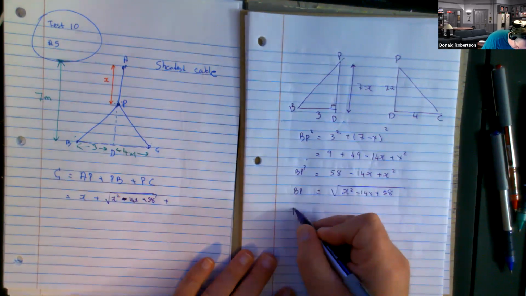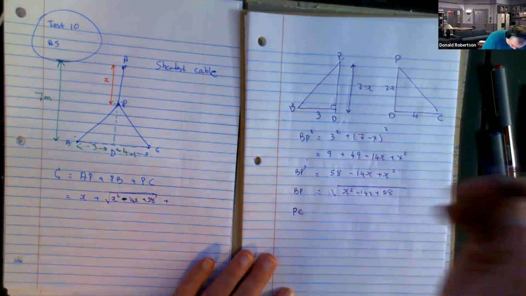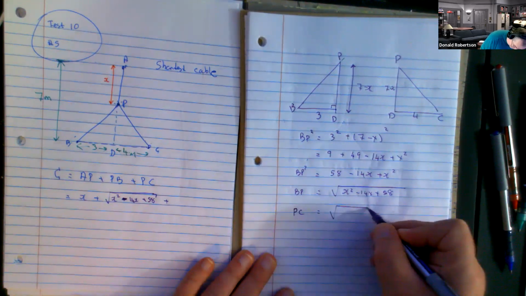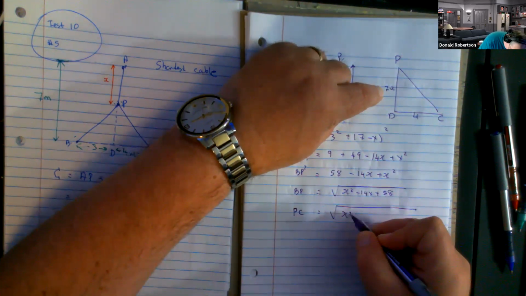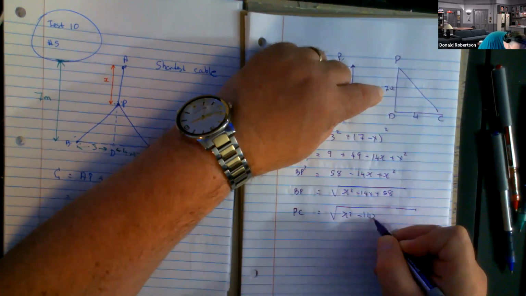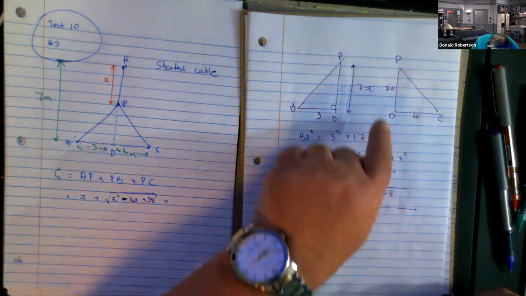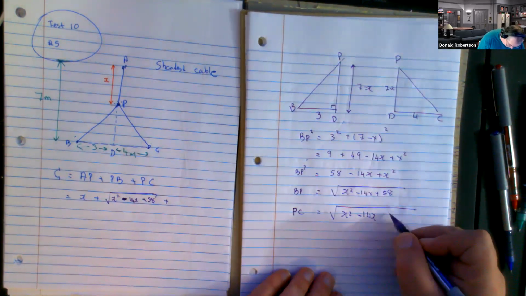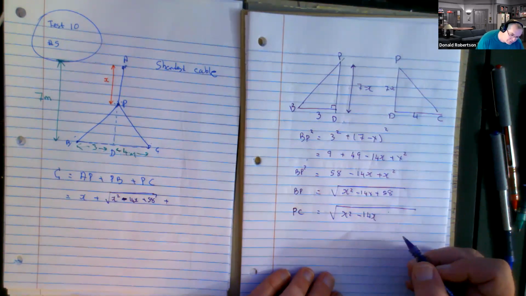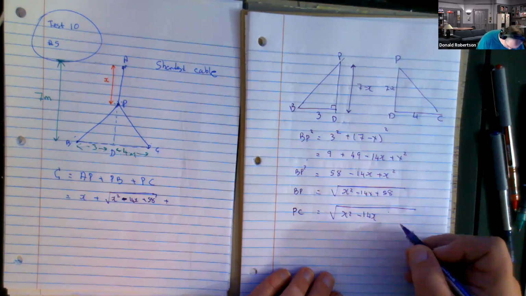And if you find PC, CP, if you want to call it that, it'll end up being this guy. It's going to be an X squared again. It's going to be a negative 14x again. The numbers are going to be a little bit different. It's going to be 49 and 16. So that's 49 and 16, 65.